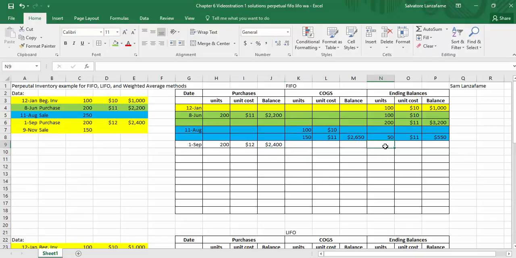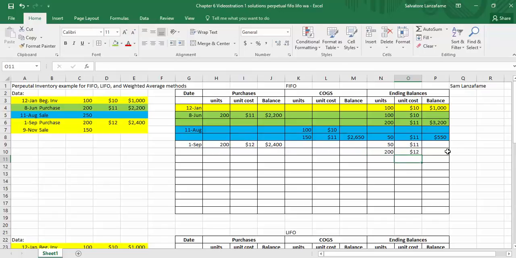So we definitely have some inflation happening here. But in our new inventory, I look at what I had most recently, 50 at 11. So I want to copy that. And then what I want to do is add in my new stuff, 200 at 12.